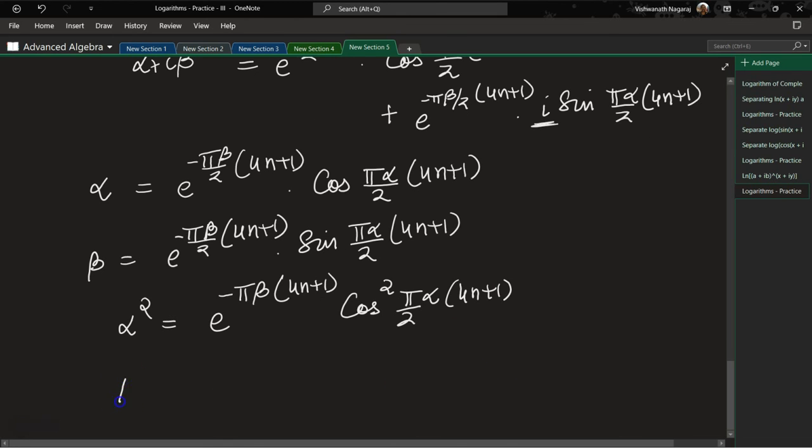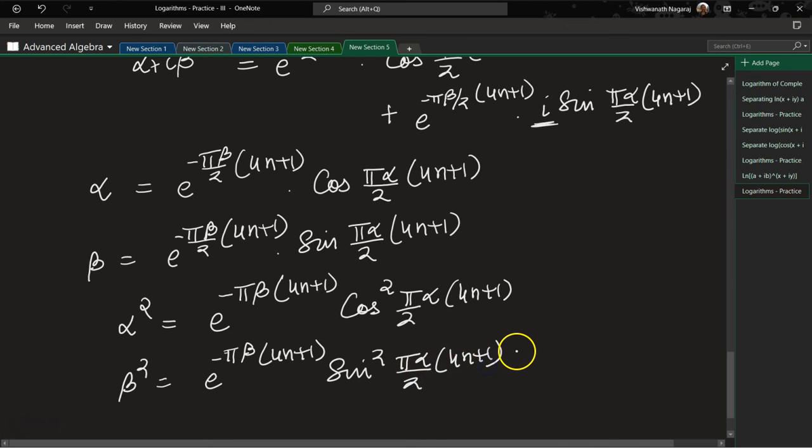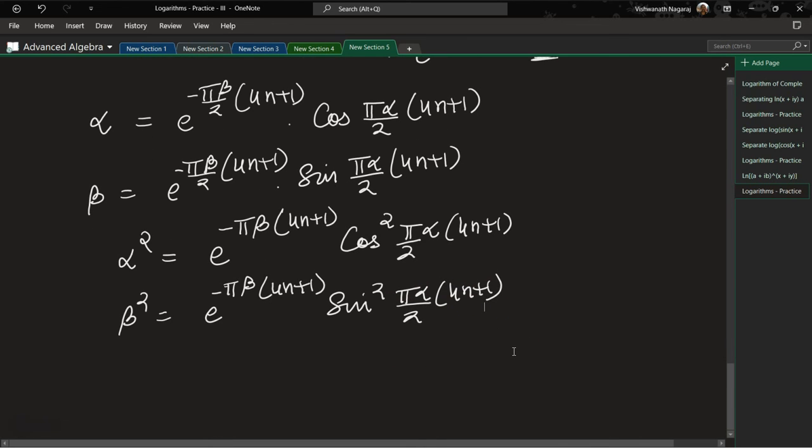Okay. Similarly, beta square. So again here minus pi, that by 2 will cancel out because of the squaring. 4n plus 1. And sine square pi alpha by 2 4n plus 1. And immediately you notice sine square cos square. So if we add these two, this will disappear.